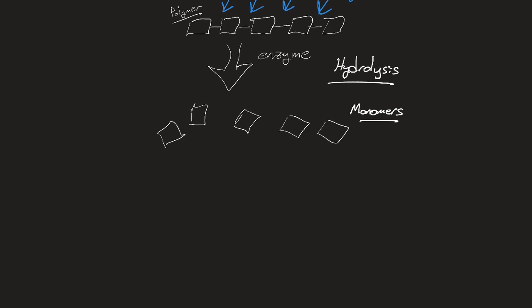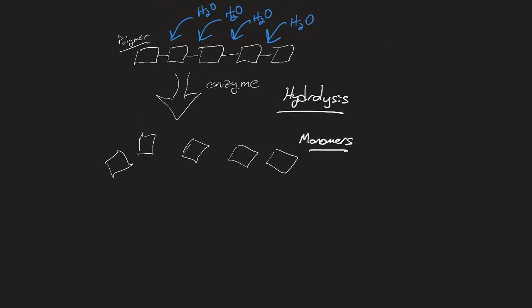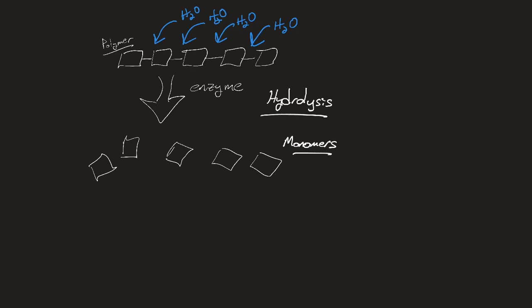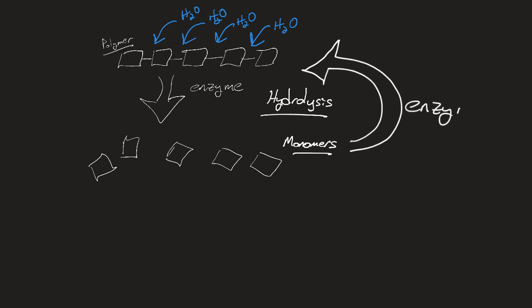The second enzyme does the opposite. So you're going to take these monomers and turn them into polymers, right? So this is enzyme 2. Does that make sense? So you're going to take them and link them together.